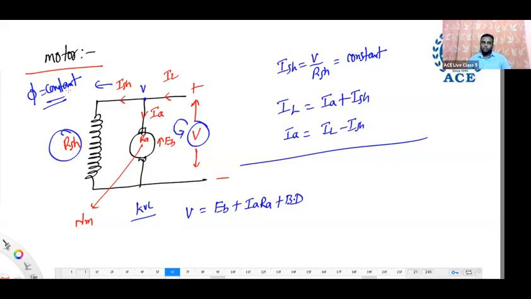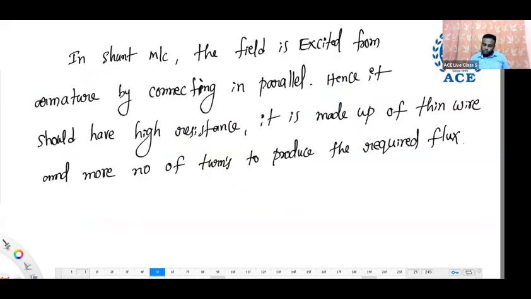So what are the constant flux devices? DC shunt motor, approximately the separately excited motor, the transformer, and the induction motor, just like the transformer principle. But the variable flux device is the series motor. So this is about the generator and motor of the shunt machine.